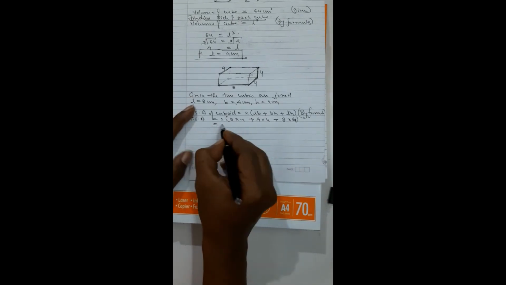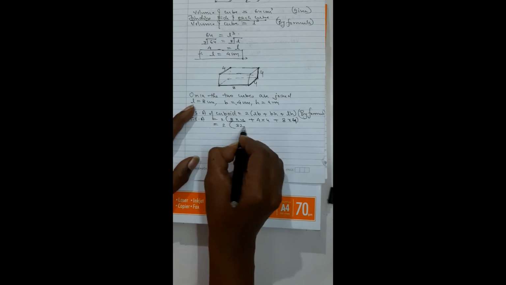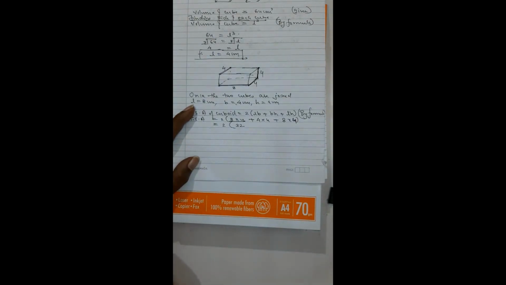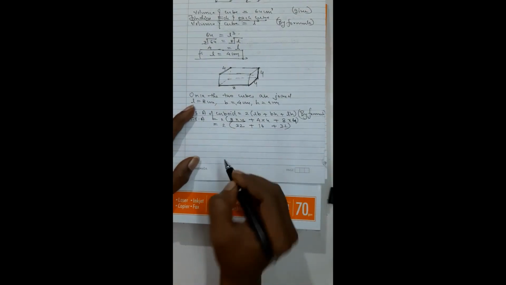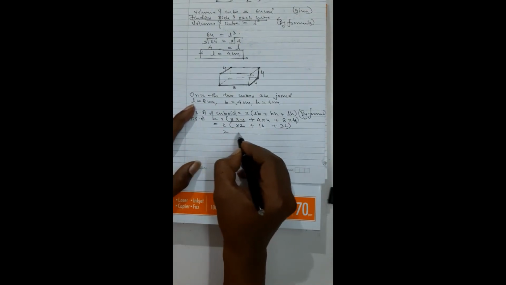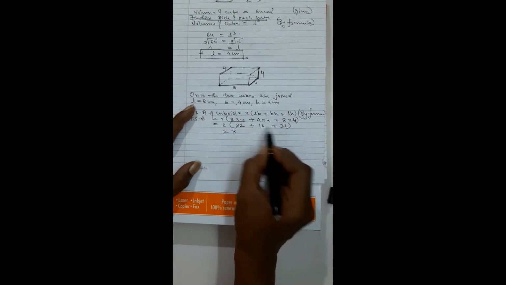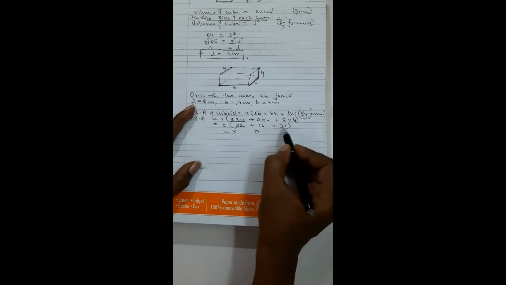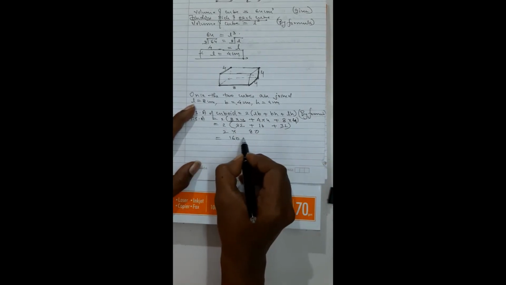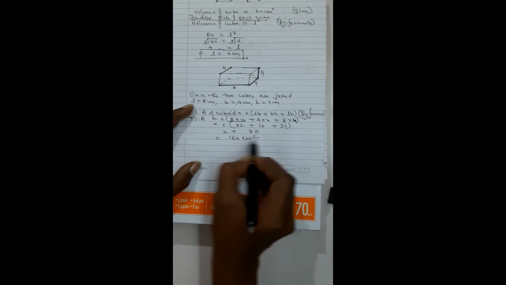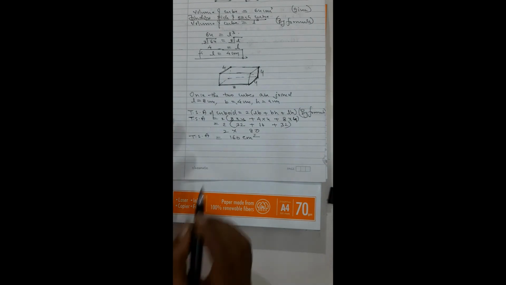So this becomes 2 into, 8 4s are 32. We can actually take the common factor, but that is 32 plus 16 plus 32. This becomes 2 into 80. It is going to be 160 centimeter square, the total surface area of the cuboid.